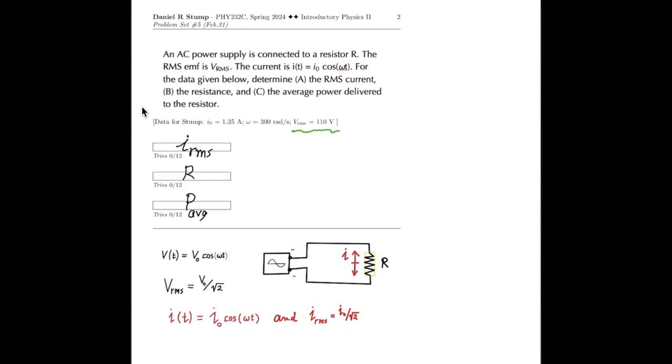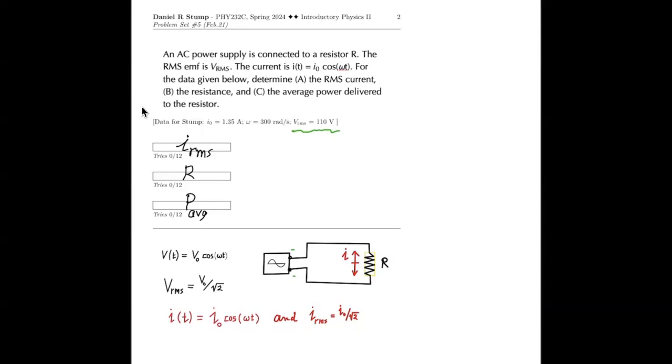It's giving you the maximum current. It's giving you the angular frequency, omega. Omega is the angular frequency, radians per second. Omega divided by 2 pi is the frequency. That would be cycles per second.